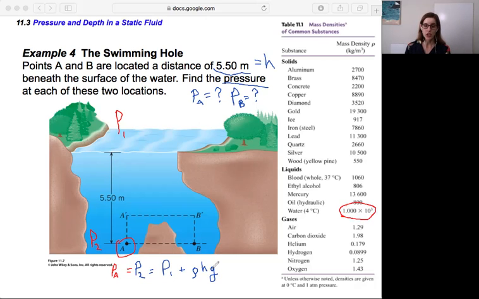This means we're in good shape, except, oh, what about P1? Do we know anything about the pressure at the surface of the swimming hole? That's where we notice, okay, at the surface of the swimming hole, that's where you and I are. That's at sea level. So there we can assume it's just going to be our atmospheric pressure. So if you're just in open air, it doesn't mention being any crazy height differences or anything else going on, you can always assume 1 atmosphere of pressure.